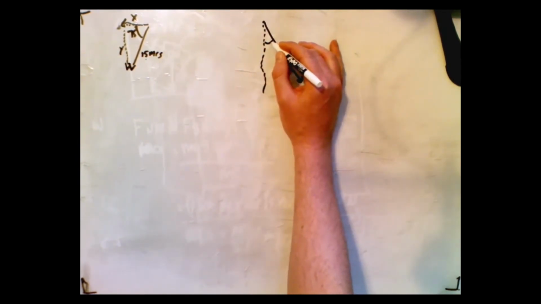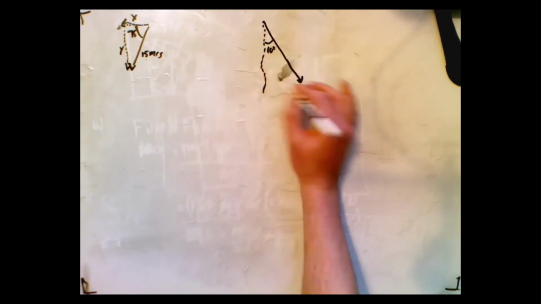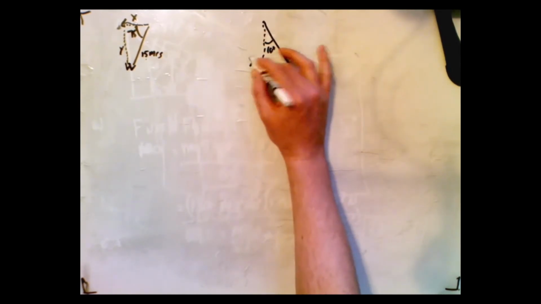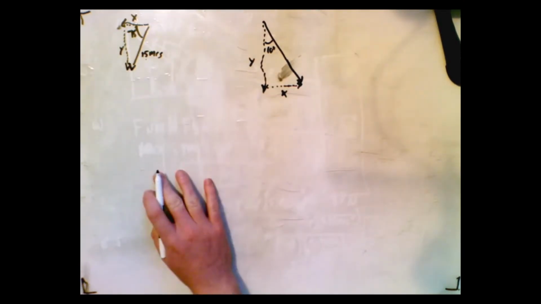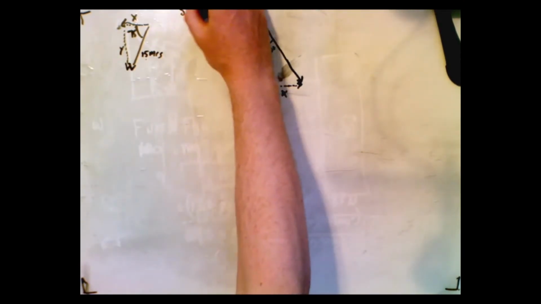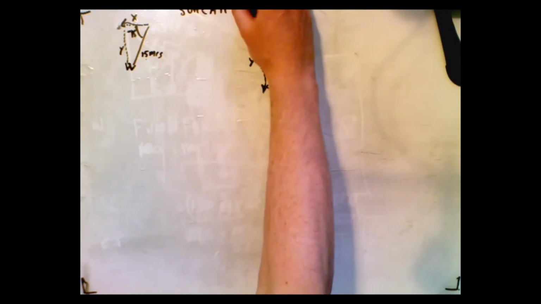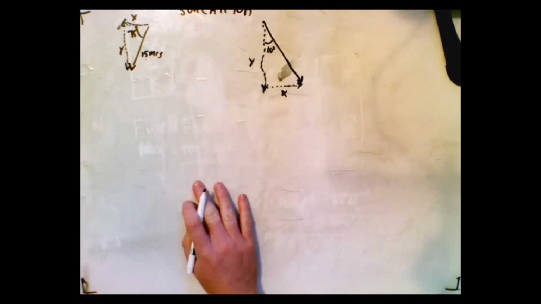So our angle is 10 degrees, and we have this Y component, and we have this X component. Okay, so those are our two triangles, and we have a side, we have an angle, so we can use SOHCAHTOA, and we can figure out what those unknown sides are.